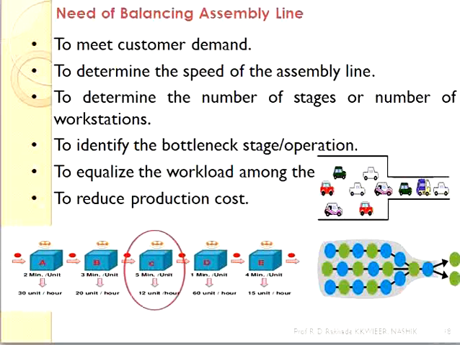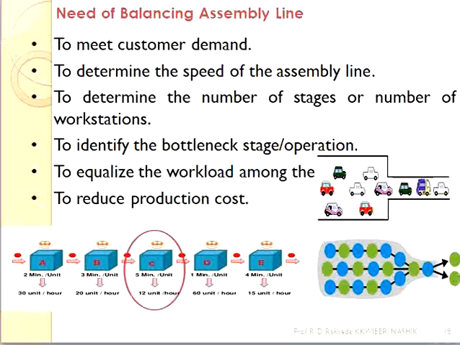Then, after the previous discussion, the need for balancing a line or assembly line. All needs are correlated with the objective to meet customer demand. So what is customer demand? The customer requires the product within time, with quality, and at low cost.